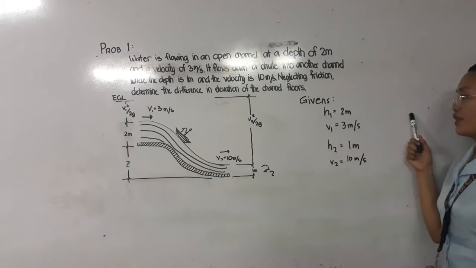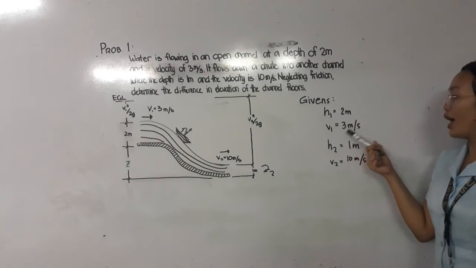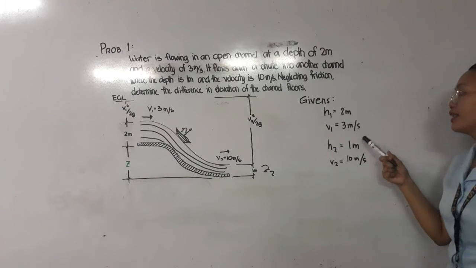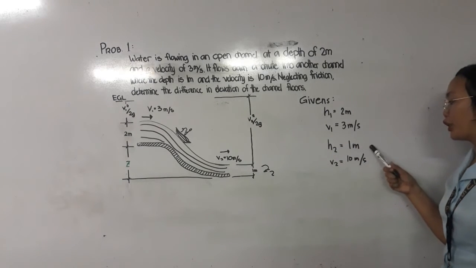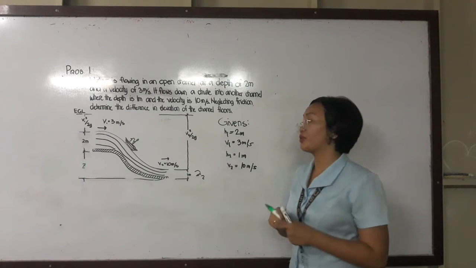So here are the givens: h1 is equal to 2 meters, velocity 1 is equal to 3 meters per second, h2 is equal to 1 meter. Since we already have the givens, we are now ready to solve the problem.